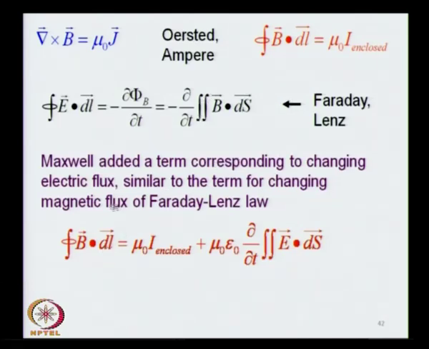So, this circulation of B dot dl, which is equal to mu 0 I, he added a term corresponding to the time derivative of the electric flux. How did he get it? Intuition? Possibly yes.